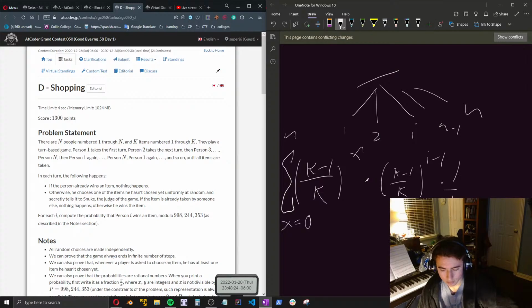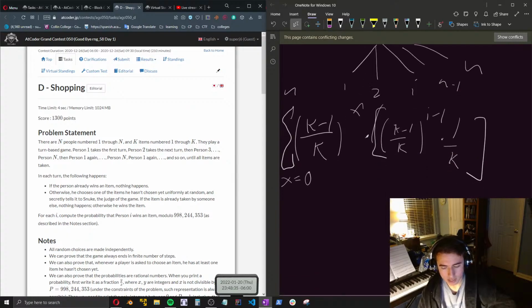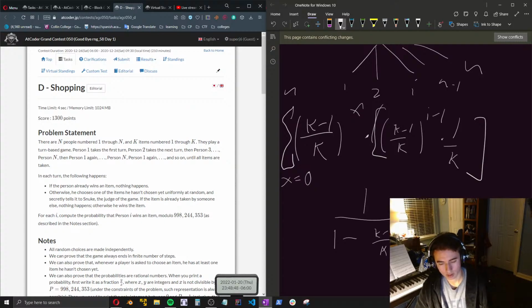This term can just be separated and taken outside of the summation, and the summation is just the basic geometric series, 1 over 1 minus the ratio. And that is the probability that the ith person wins.